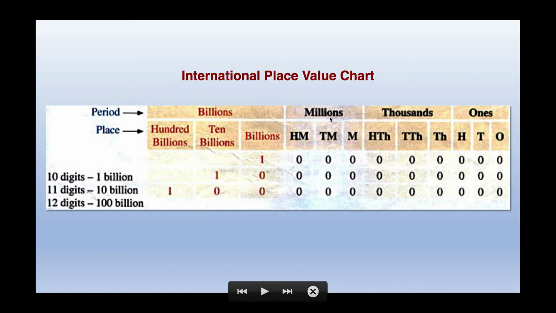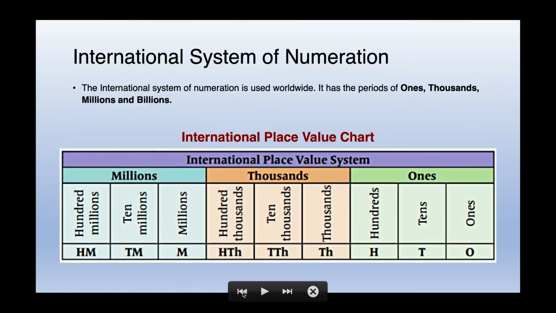After the millions period, we have the billions period, and it has the places of billions, 10 billions and 100 billions. These three places, and these are the letter symbols to indicate the places. This third row has the letter symbols to indicate the places.